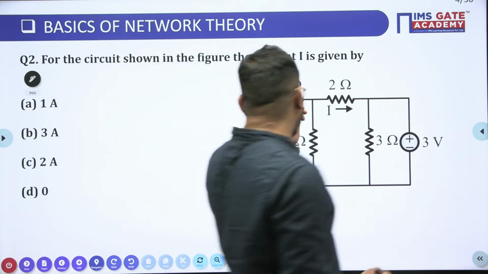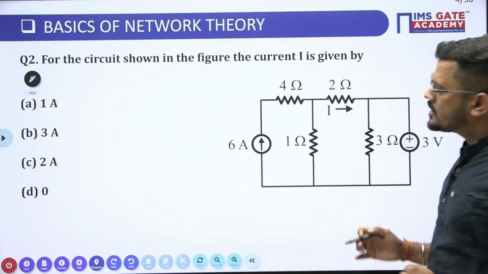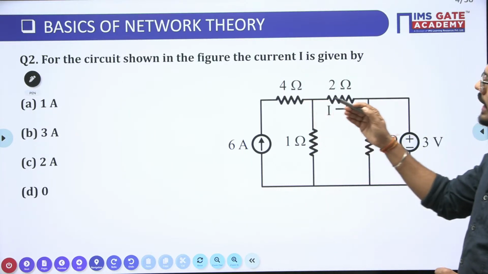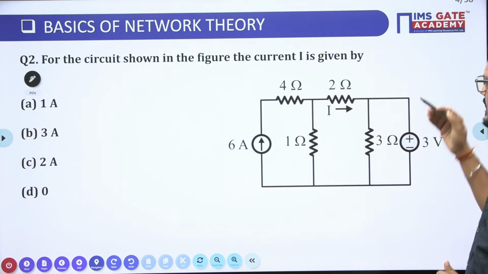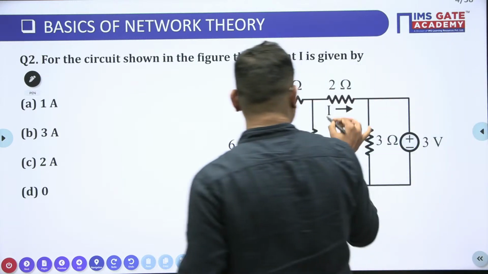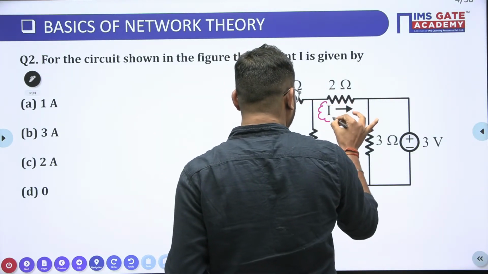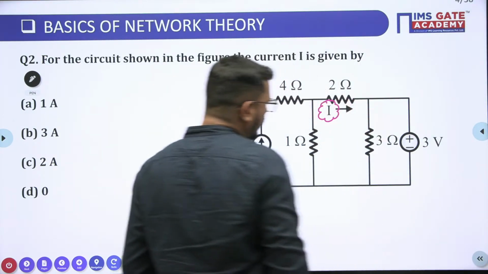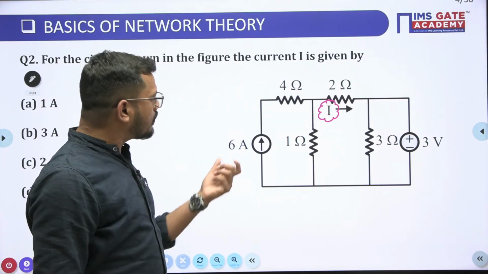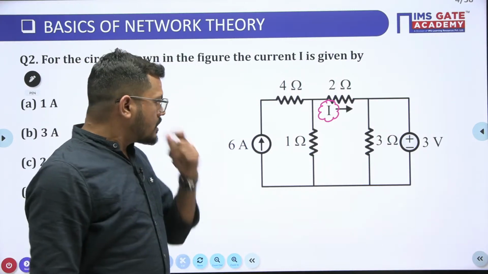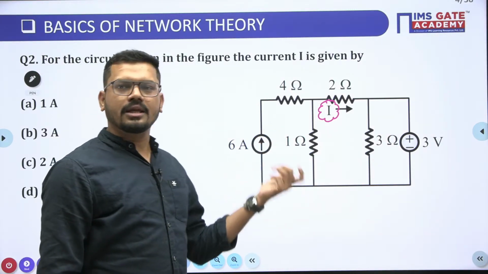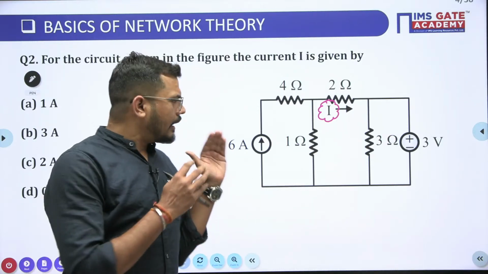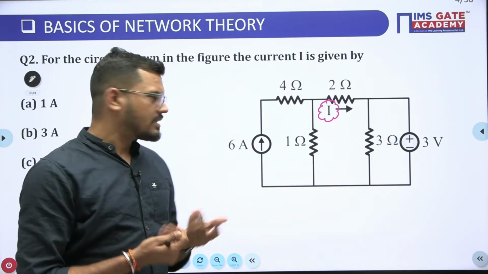So again, here what we have to find. It is given for the circuit in the figure, the current I is given by. So for this circuit, we have to calculate this current I, guys. We can solve this problem by many methods.